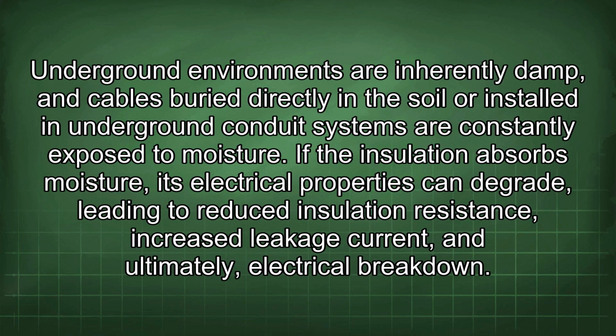Underground environments are inherently damp, and cables buried directly in the soil or installed in underground conduit systems are constantly exposed to moisture. If the insulation absorbs moisture, its electrical properties can degrade, leading to reduced insulation resistance, increased leakage current, and ultimately, electrical breakdown.